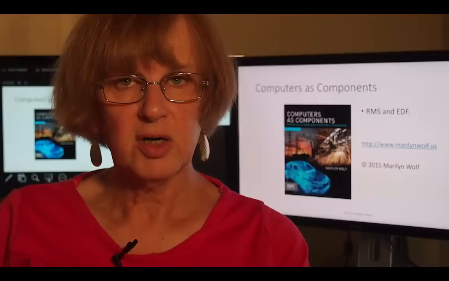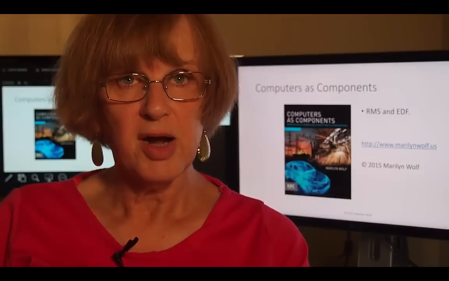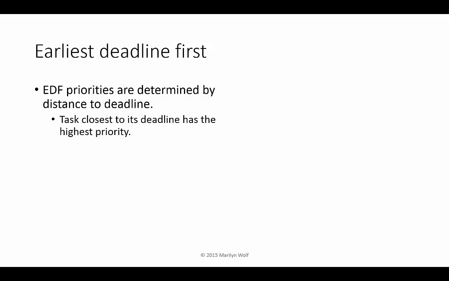In contrast to RMS, earliest deadline first dynamically changes the priorities of processes during execution. The priorities of processes in EDF are determined by their distance to the deadline. The task closest to its deadline has the highest priority. So the priority of a task changes during execution.